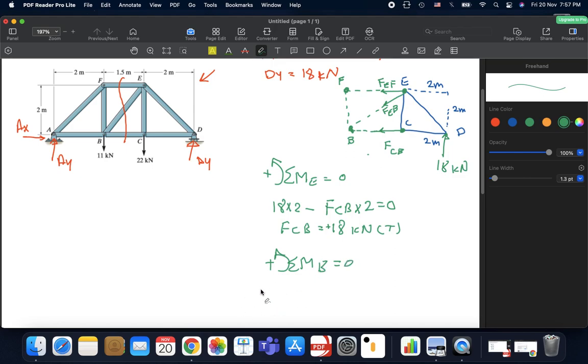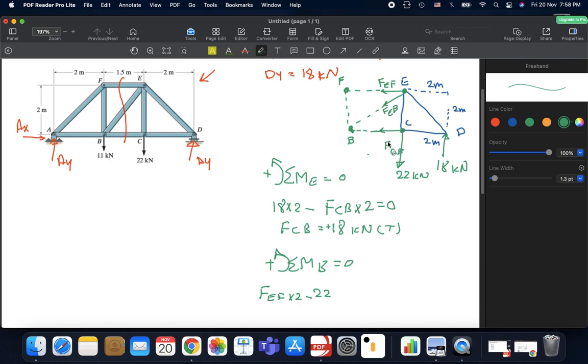So we will get FEF multiplied by the perpendicular distance, which is 2, minus... Now, I forgot to write down this force as well. I'm sorry. So this is 22 kilonewtons, minus 22. So 22 about point B is going clockwise, so that's why it's negative.